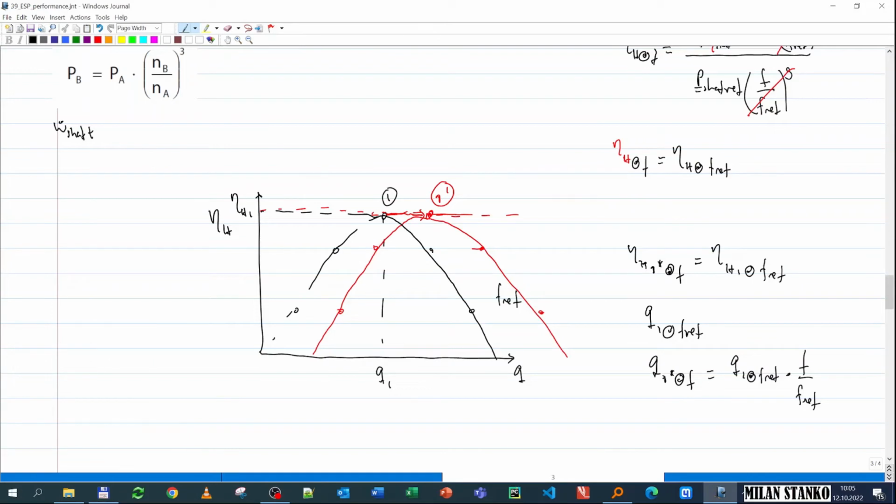So for a higher frequency, the rate at which I have the best efficiency point is going to be higher. This is Q1 star.